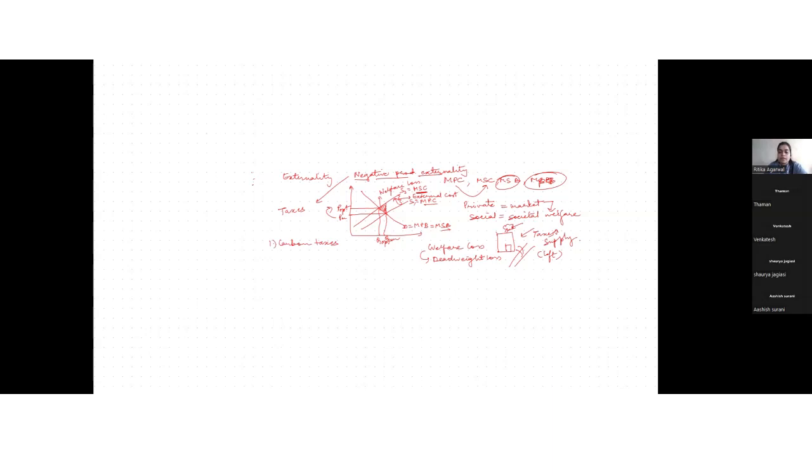These are a type of indirect tax imposed on firms producing goods and services and emitting smoke into the atmosphere. So these taxes increase the cost of production of the firm. If the cost of production of the firm increases, the supply of the firm will fall.